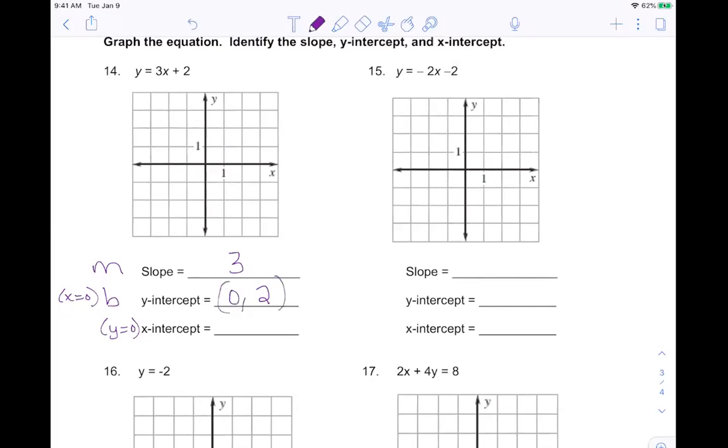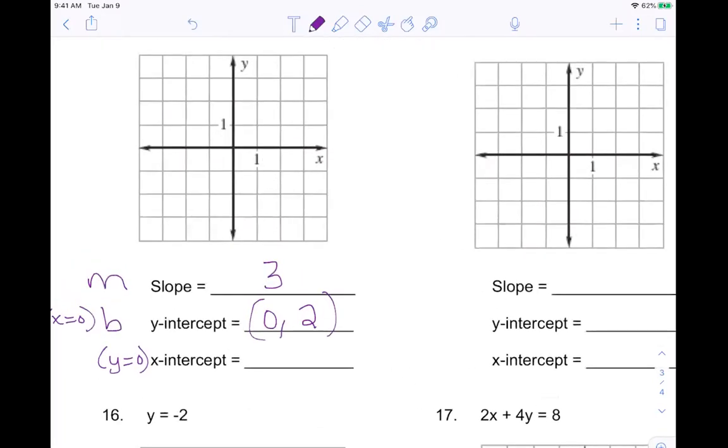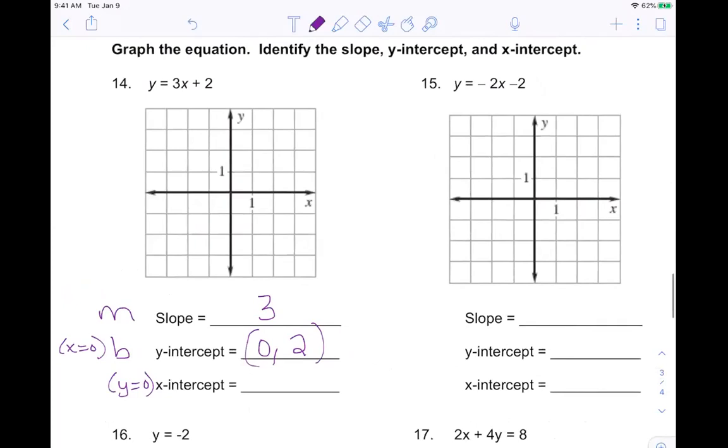And then if we want to find the x-intercept, what would we do with the equation up above to find the x-intercept? If I wanted you to show some work to find it, calculate it. Plug 0 in for y. Yeah, so we're going to plug 0 in for y, and then solve for x.